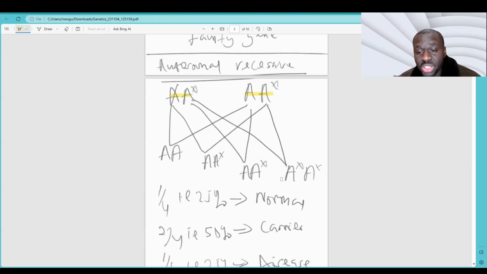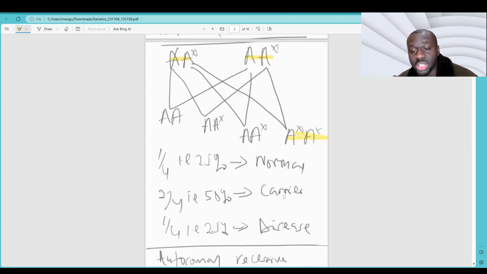There's a 1 in 4 chance, which is a 25% chance, that the child will have cystic fibrosis, because the child will be homozygous for the cystic fibrosis gene. Here, there's a 1 in 4 chance, which is 25%, that the child will inherit 2 normal copies of the genes. There's a 2 in 4, which is a 50% chance that the child will be a carrier of cystic fibrosis, from what we can see here.